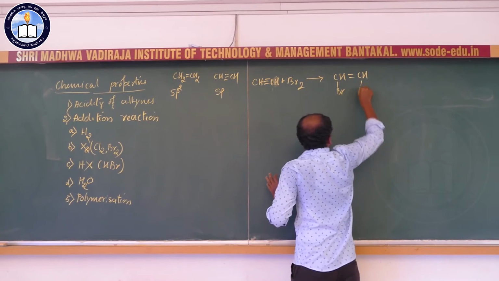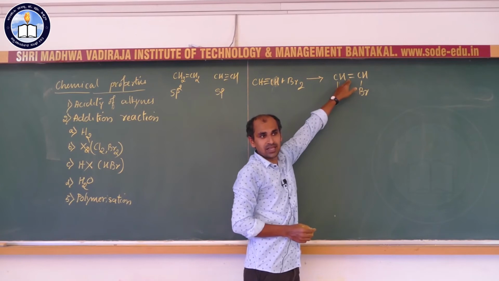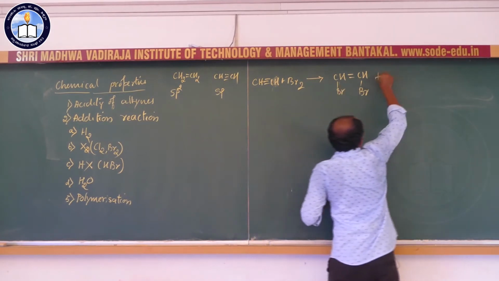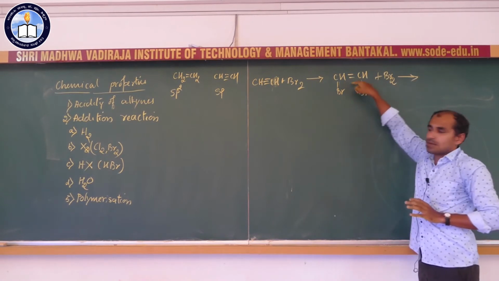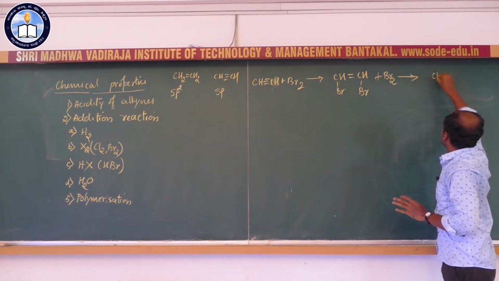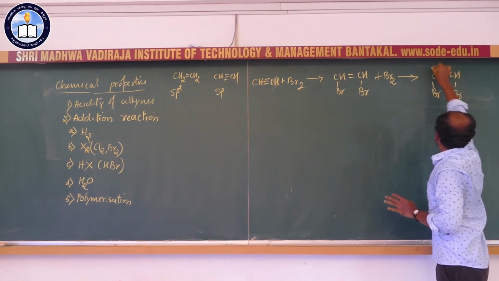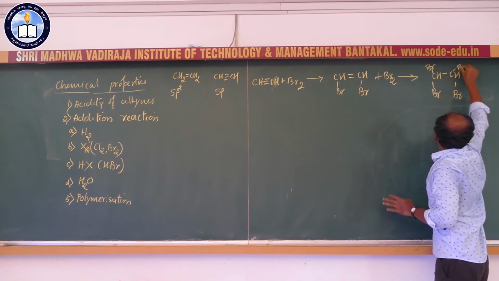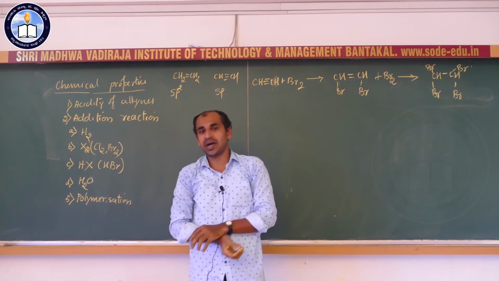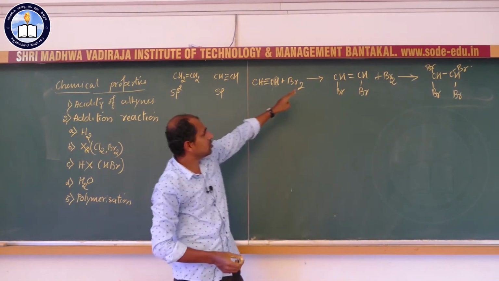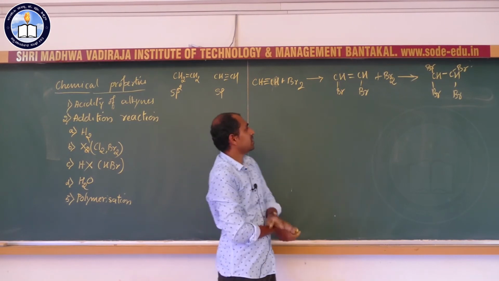In the same way, alkyne also reacts with the bromine to give corresponding dihaloalkenes. This alkene has again an unsaturated bond. So, one more molecule of halogen undergo addition across this double bond to give tetrahaloalkane. So, we have 2 pi bonds, therefore, 2 addition reactions take place, double addition reaction takes place.